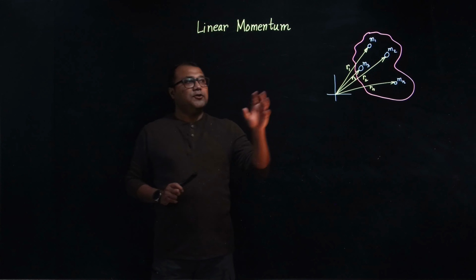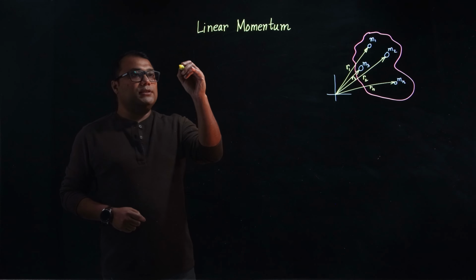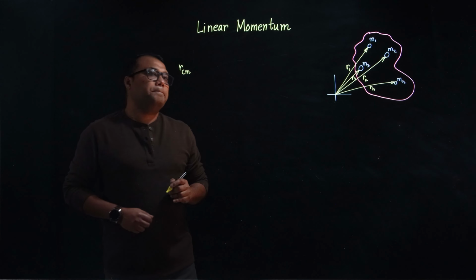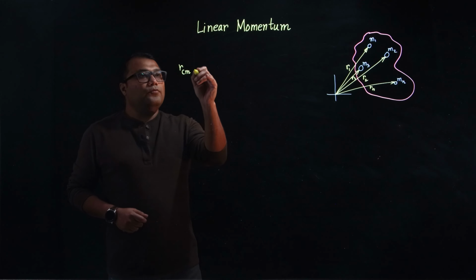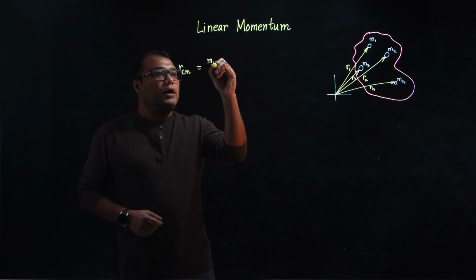Now, what would be the center of mass of this system? So, our center of mass, RCM, will be m1 R1.